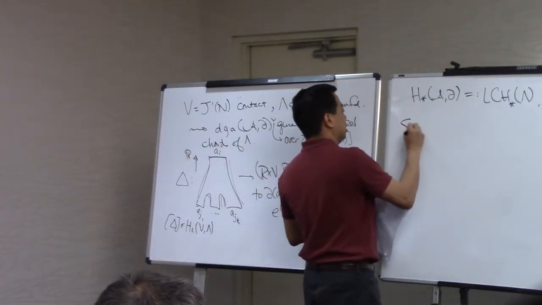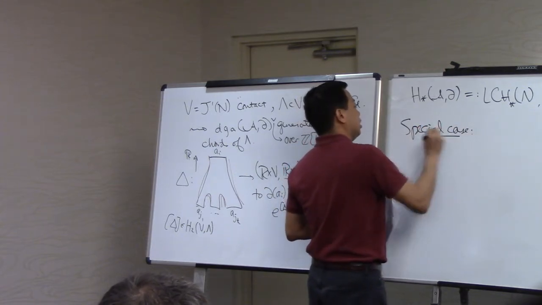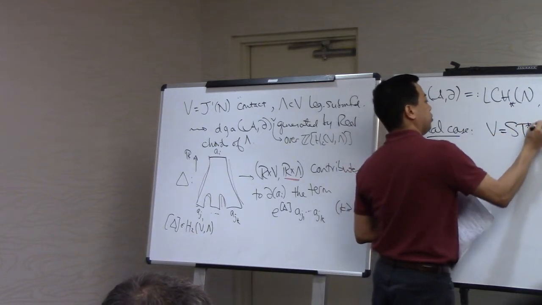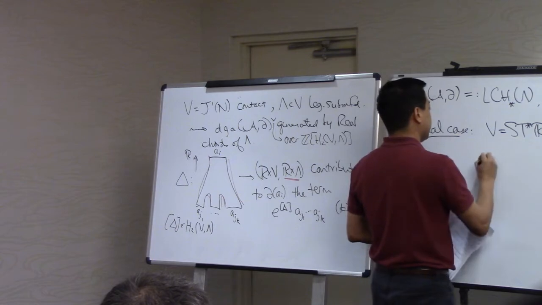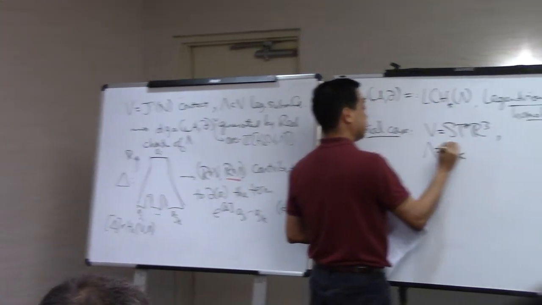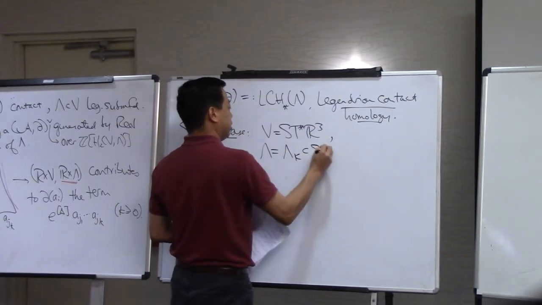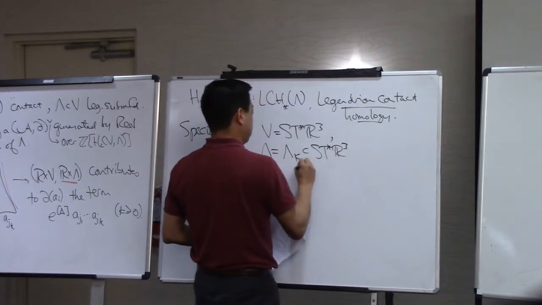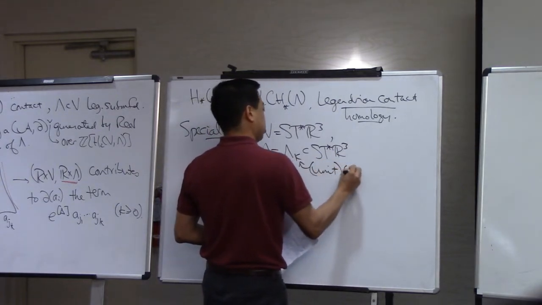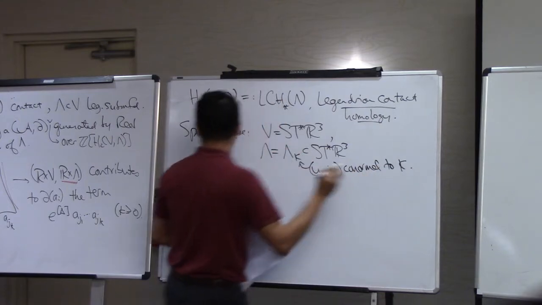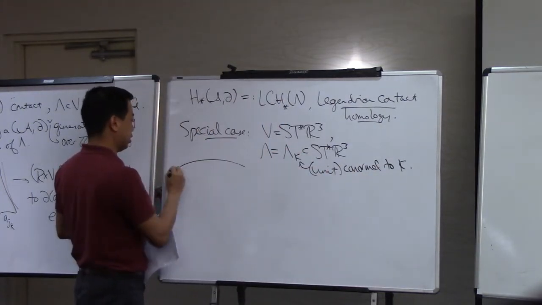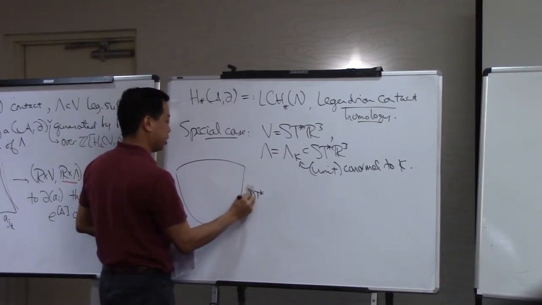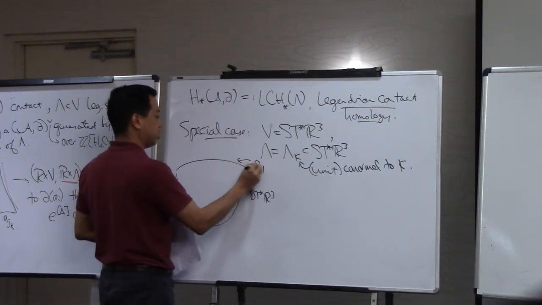A special case, the one that we'll mainly be interested in, is where V is the unit cotangent bundle of R3, and lambda is the unit conormal of something, where this is the unit normal to K. Remember, I drew a picture last time where here's T star, the disk part of the cotangent bundle of R3, here's its boundary.